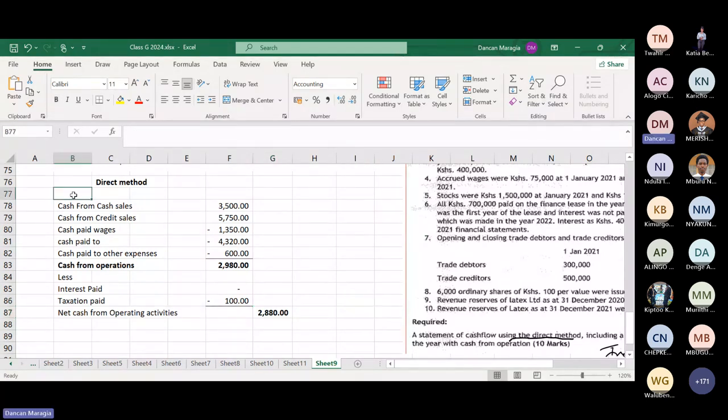So this was cash from operating activities, and that's the net we get.